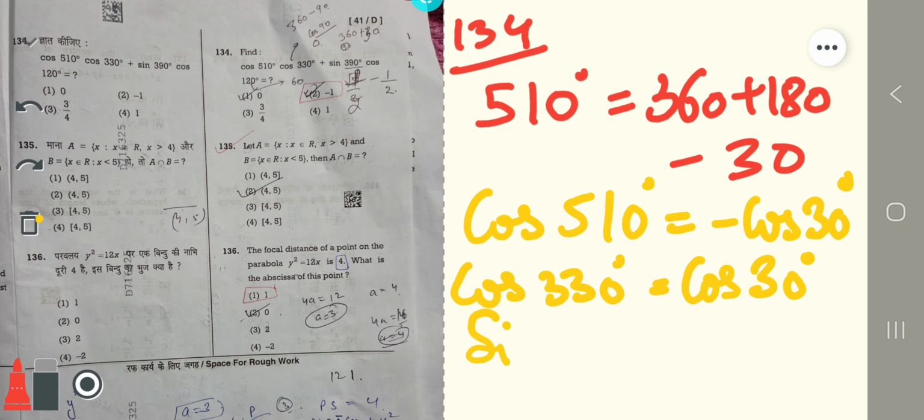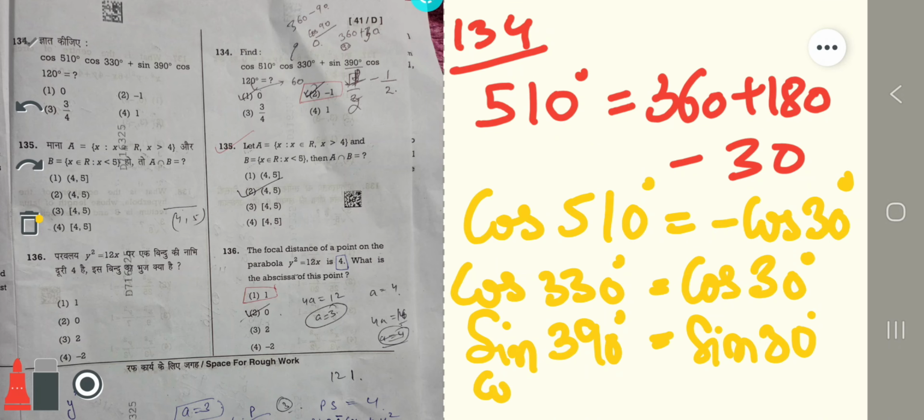Similarly, sin 390 degree will become sin 30 degree, and the last angle is left, that is cos 120 degree. 120 degree will be minus cos 60 degree, as it can be written as 180 degree minus 60 degree, and 180 minus, we reach second quadrant where cos is negative, so minus cos 60 degree.